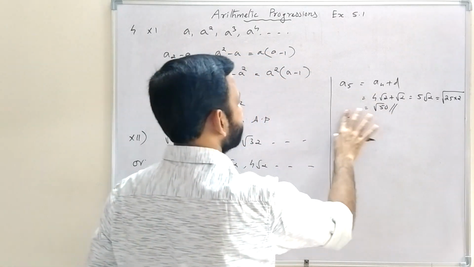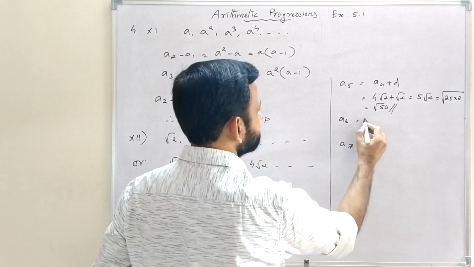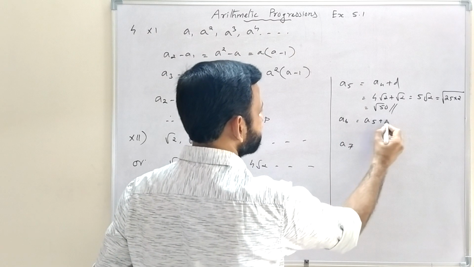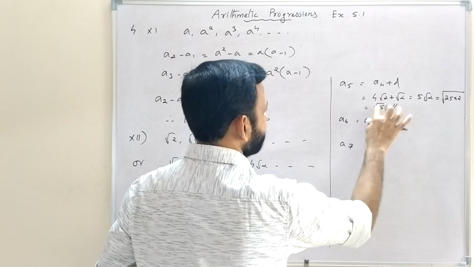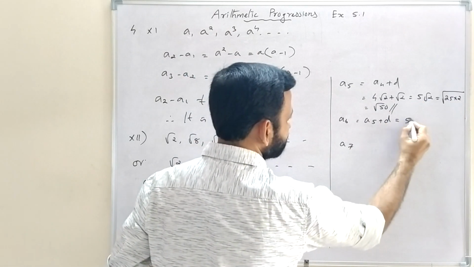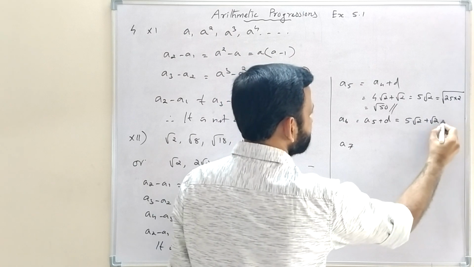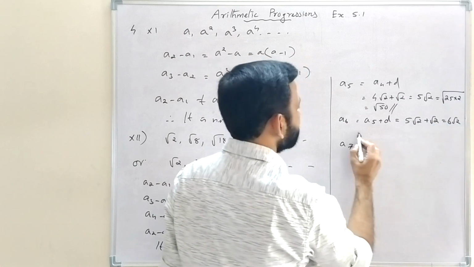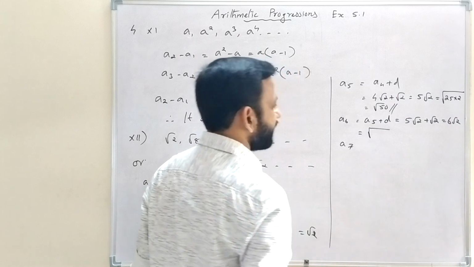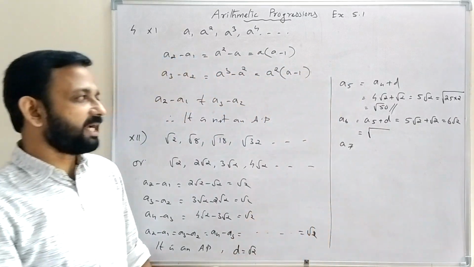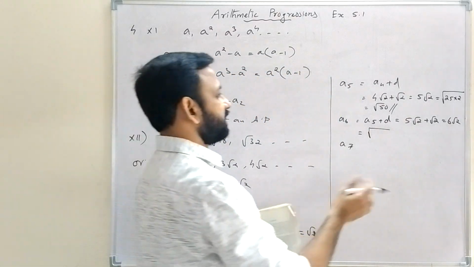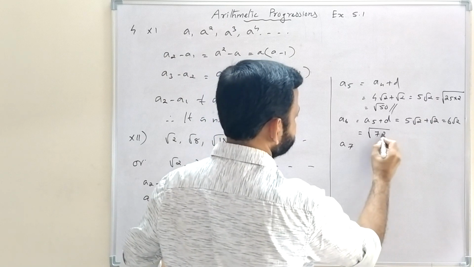And similarly we can find A6. A6 is equal to A5 plus D. A5 is 5 root 2 or root 50. So 5 root 2 plus root 2, that is 6 root 2. When we take 6 inside the radical, 6 squared is 36, 36 into 2 is 72.